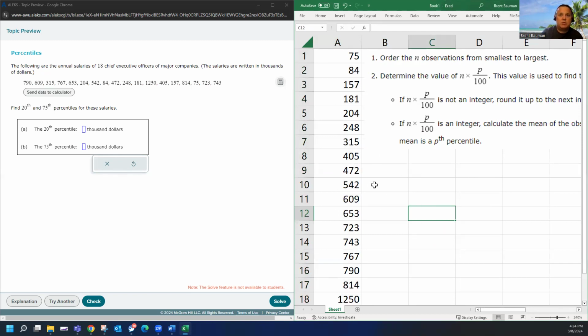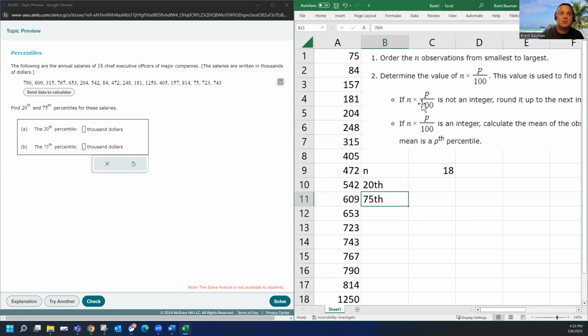And so some things we're going to need: we're going to need n, which is just the number or the count. If you want to use the count function, we can count how many we have, but we can see that it's 18. And then we're looking for the 20th percentile and the 75th. These are going to be our p-values in our formula.